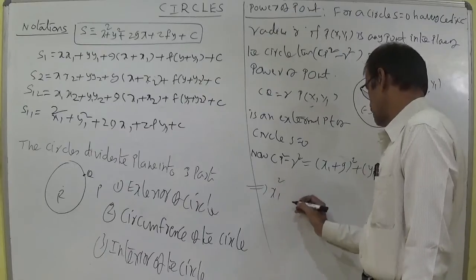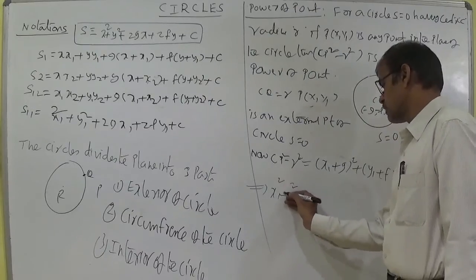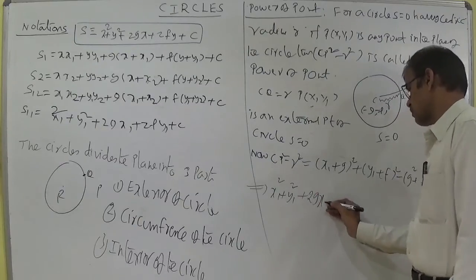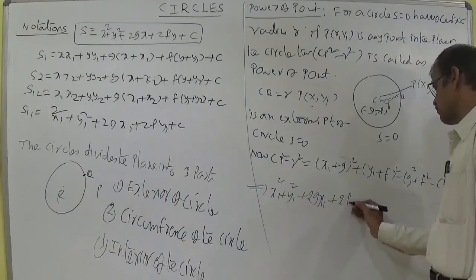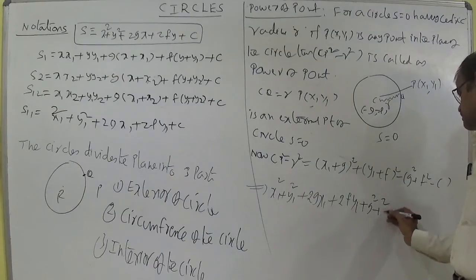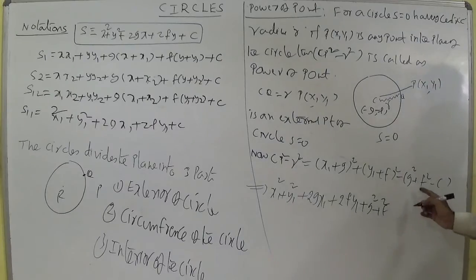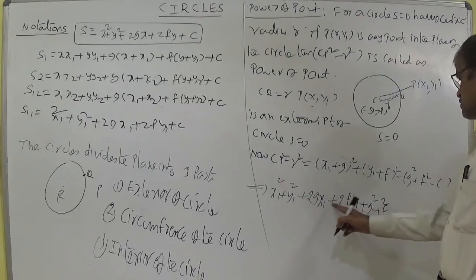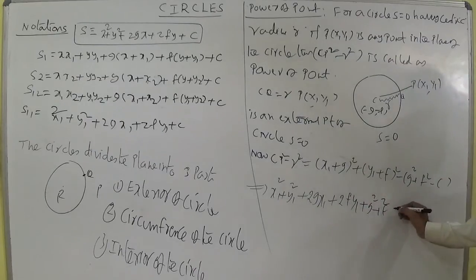We can write here x1 square plus y1 square plus 2g x1 plus 2f y1 plus g square plus f square. Like this I am writing. CP square minus r square I am calculating: x1 square plus y1 square plus 2g x1 plus 2f y1 plus g square plus f square minus g square minus f square plus c.